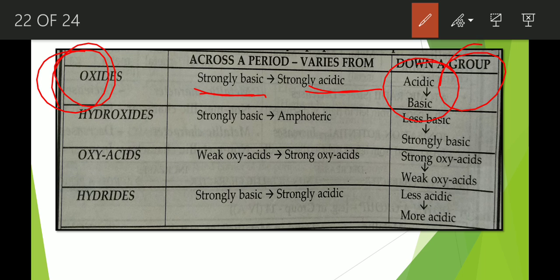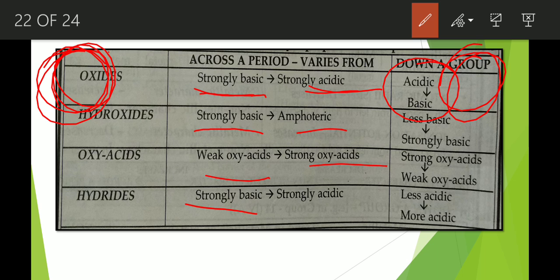In case of hydroxides, it is from strongly basic to amphoteric. And in case of oxyacids, from weak to strong: we will get weak oxyacids at the left of the periodic table, and at the right we will get strong oxyacids.